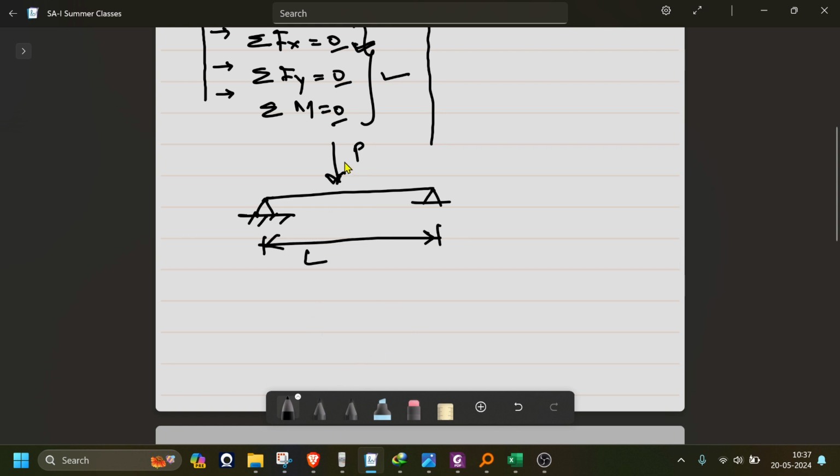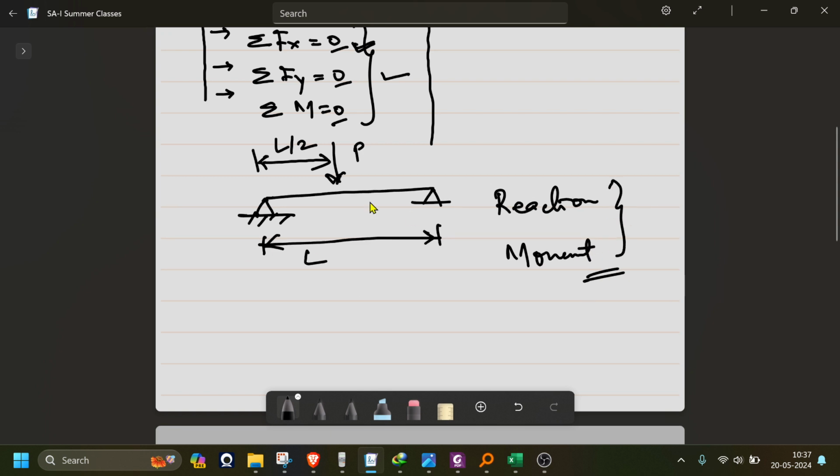So this P is applied at a distance of L by 2, right? If it is applied at a distance of L by 2, then when we say that analyze this structure, it means that we need to find out the reaction forces and the moment, right? The moment at any cross section, right?